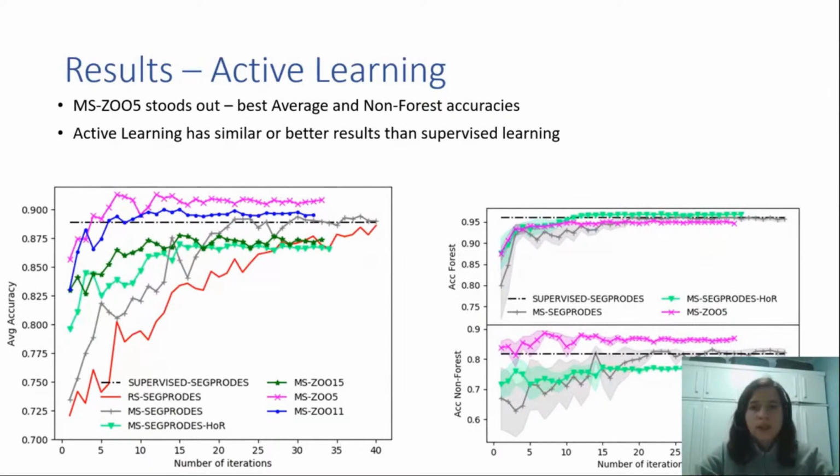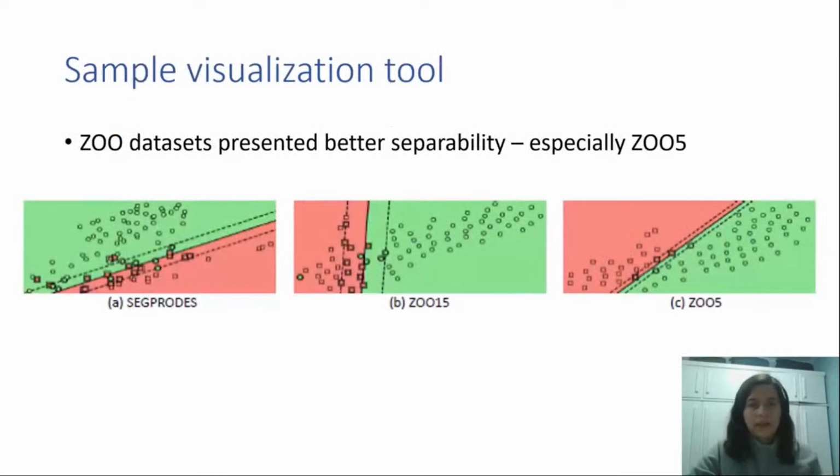These results demonstrate the volunteers' good cognitive skill to detect possible problematic tasks. By using active learning, it is possible to achieve similar or better results than supervised learning, but using fewer samples. With t-SNE and linear SVM, it is possible to notice the better separability for Zoo datasets, especially Zoo 5, maybe explaining why they achieved better results in the active learning experiment.